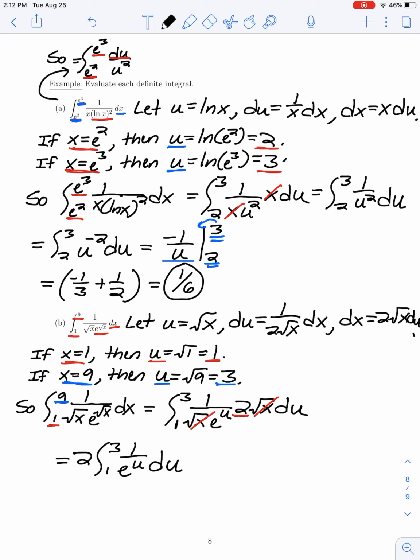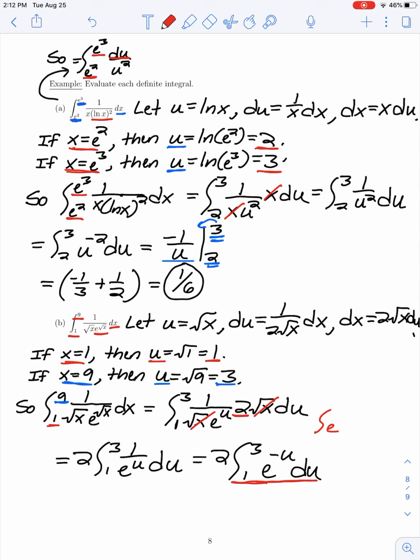So how can we find an antiderivative of 1 over e to the u? Well, we can simply rewrite it as e to the negative u power. And now this antiderivative looks exactly like one of the formulas that we just derived.